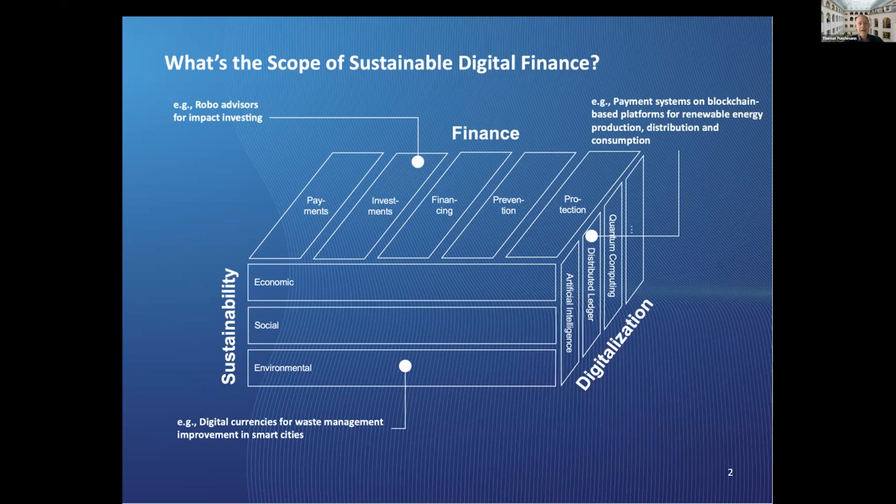We could see that these all have an impact on the financial sector, be it in payments, investments, financing, the whole domain, and also on the insurance sector, which is taking care of prevention and protection.